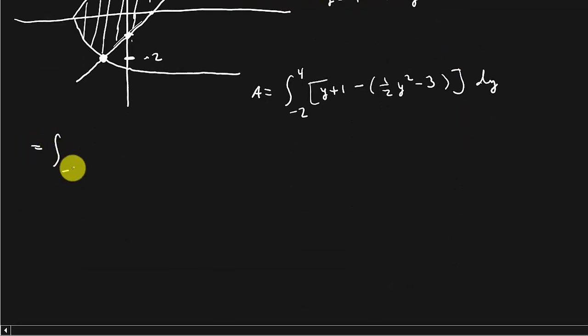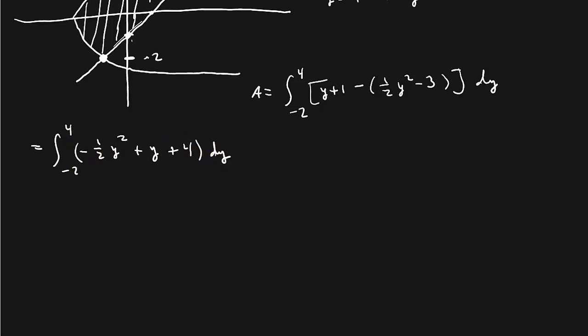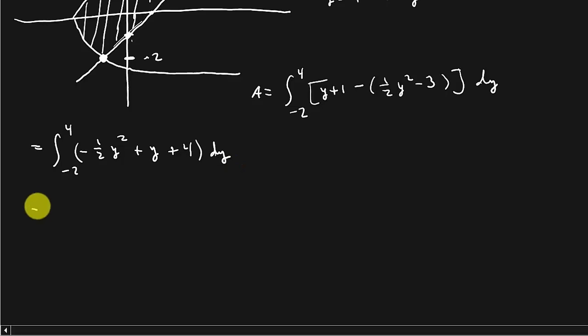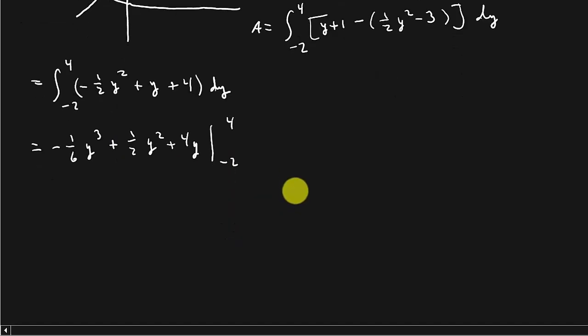And so that is going to give us, from -2 to 4, the integral of -1/2 y squared plus y plus 4 dy. And so here we're going to get -1/6 y cubed plus 1/2 y squared plus 4y, from -2 to 4.